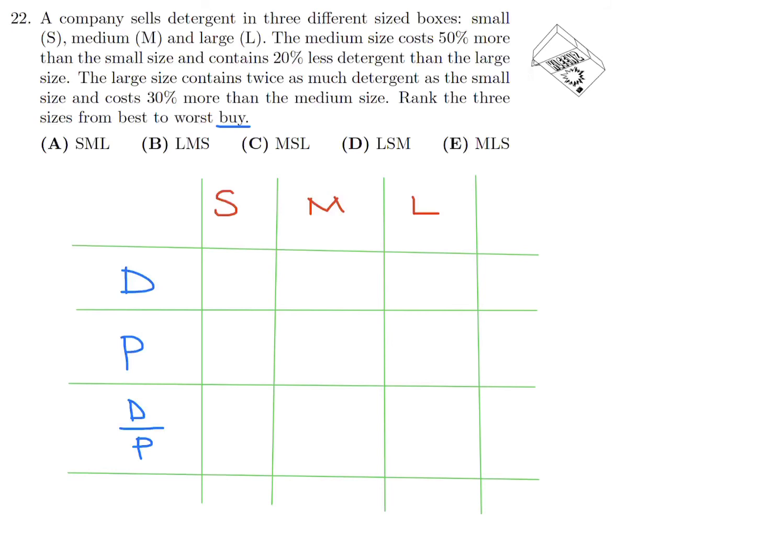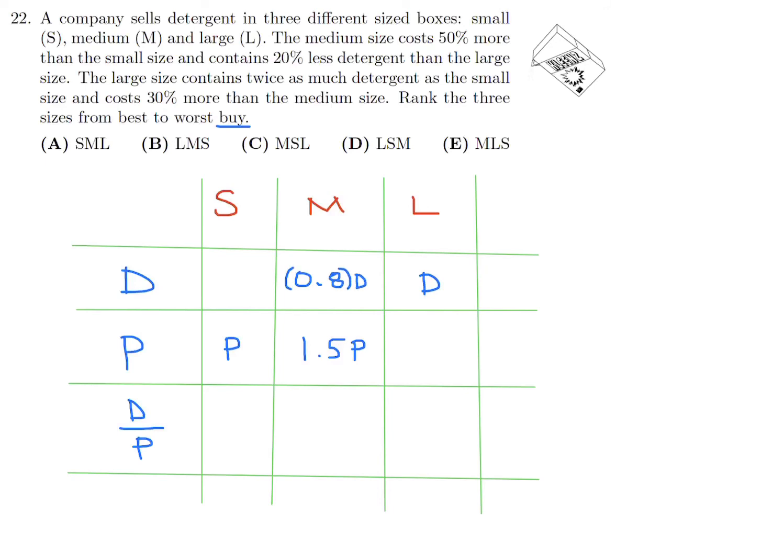Okay, let's go to the question. The medium size costs 50% more than the small size. So if the small is P in terms of price, the medium will be 1.5P. It contains 20% less detergent than the large size, so if the large size contains D detergent, this would be 0.8D.